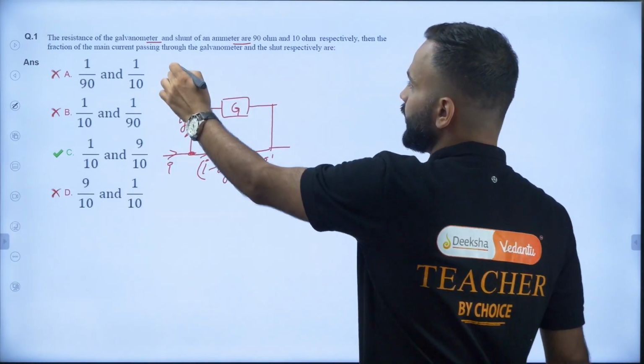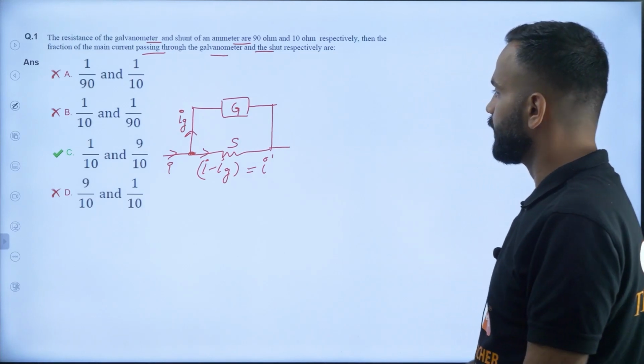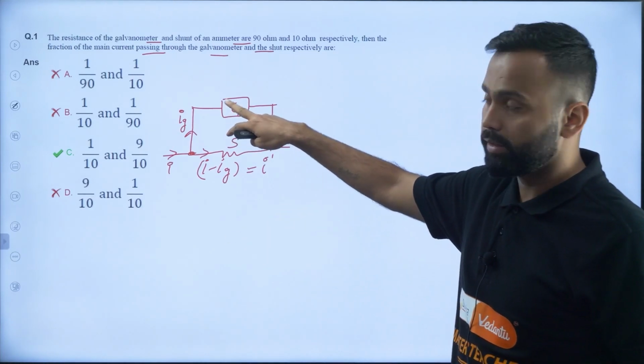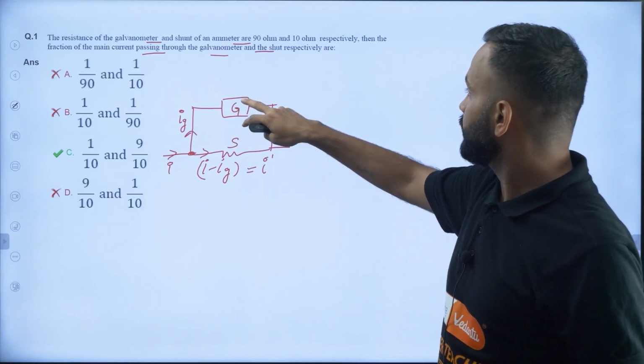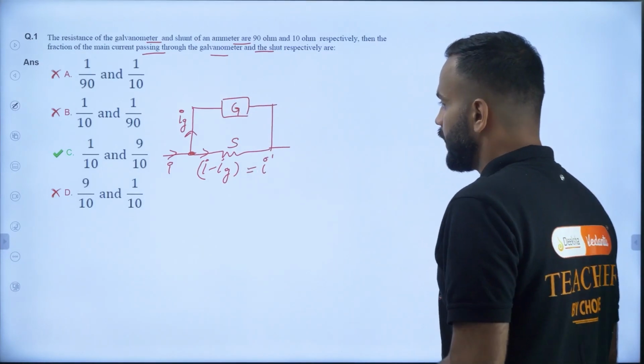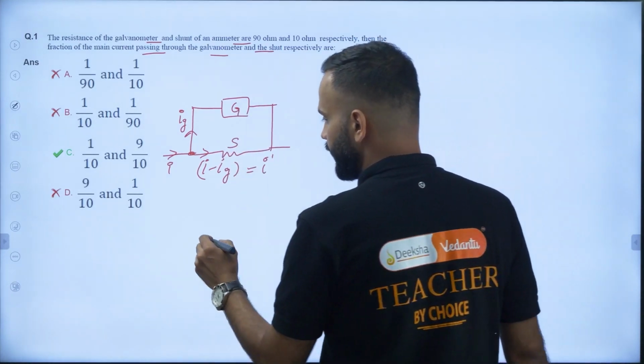I minus Ig, which is equal to I dash. Then the fraction of the main current passing through the galvanometer and shunt respectively. We need to find the fraction of the main current through the galvanometer and shunt respectively. So let's find. Here the potential difference across G is same as potential difference across S, right?